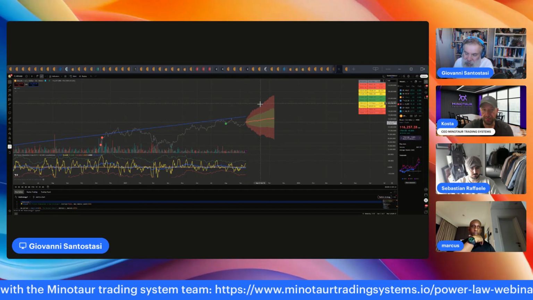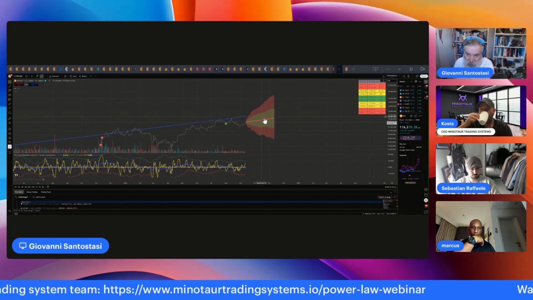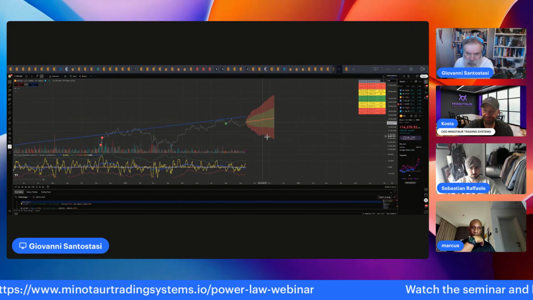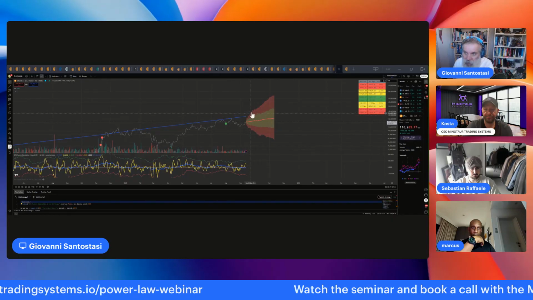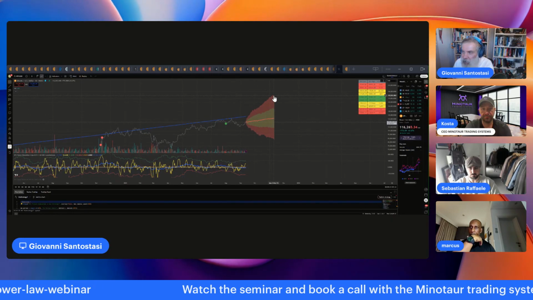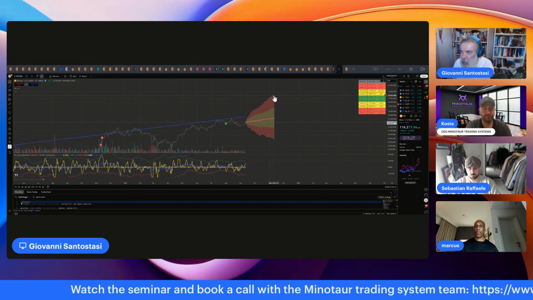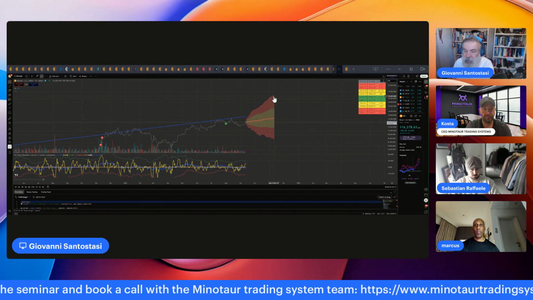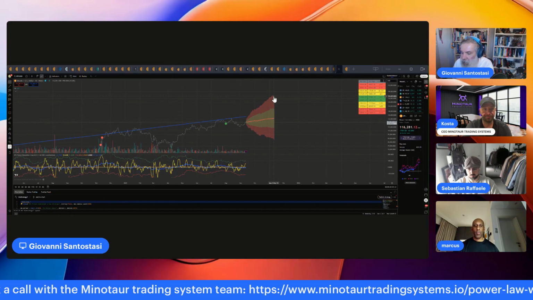One of the most extreme paths that I got, I think I'm running like 500 simulations right now, went all the way here. So in the next month, we are going to 178, in kind of mid-November.